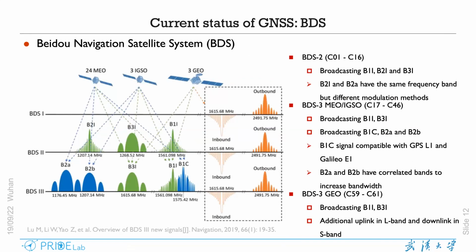And then here we want to emphasize the B1C signal, which is compatible with the GPS L1. They have the same frequency, and this enables interoperability between the 2 systems. So the users can use the signals from the 2 constellations without any problems of upgrading their receivers.